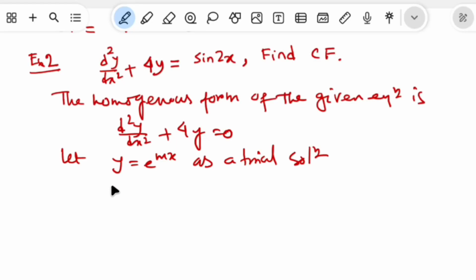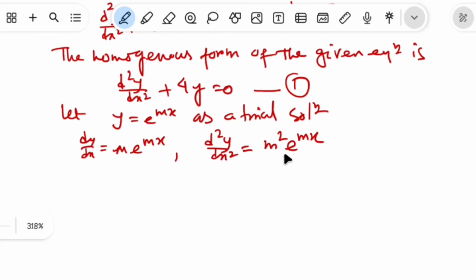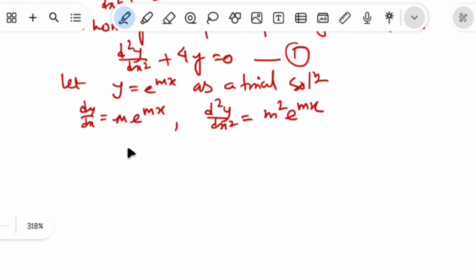So therefore dy/dx will become m e^(mx), and d2y/dx2 is m^2 e^(mx). Now let us put this in equation number 1. So I am getting m^2 + 4 = 0.